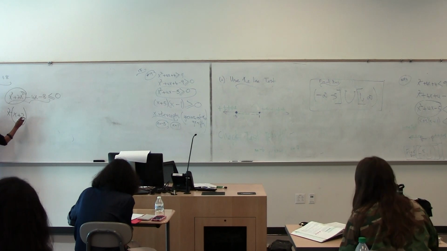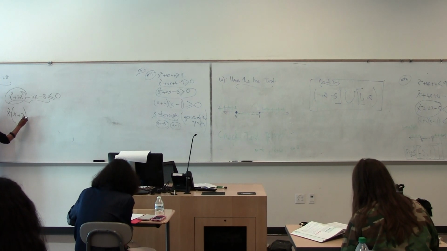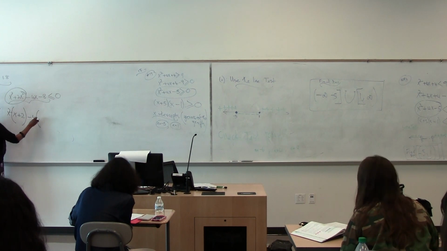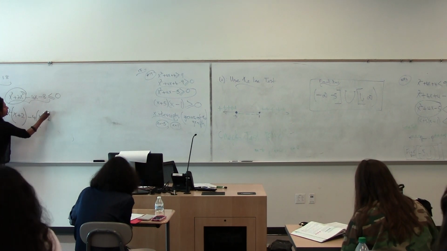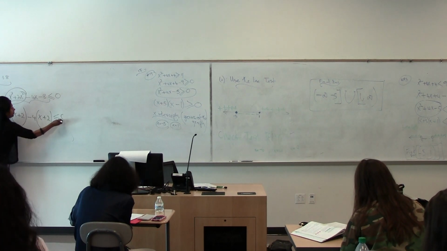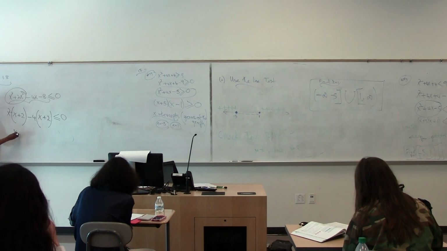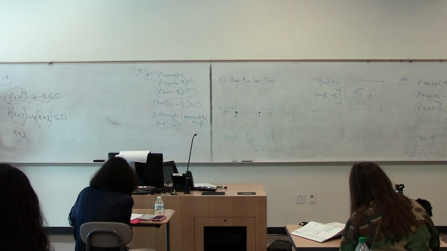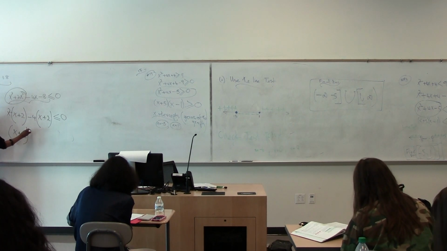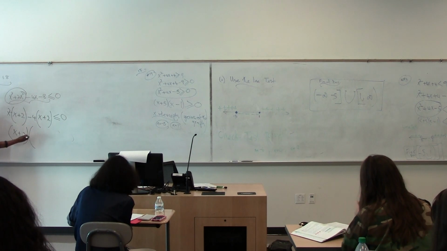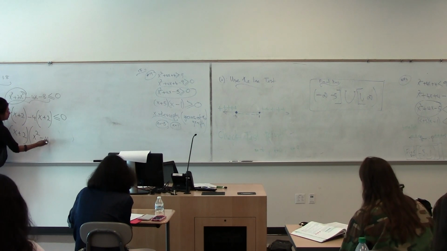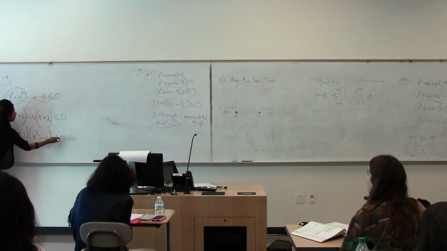Take out negative 4. Negative 4, very good. x plus 2. So you need to show this work. Next step, group those: we take out x plus 2, open, and then x squared minus 4. This is a very good factoring problem.